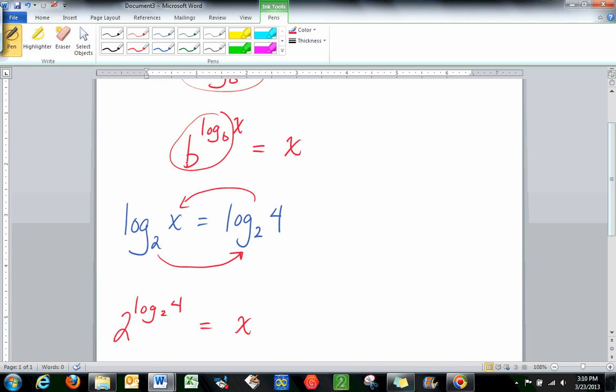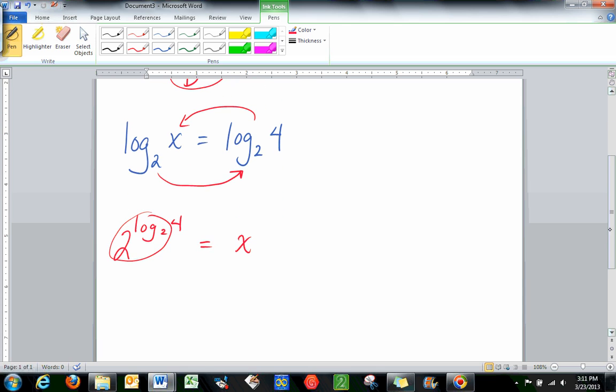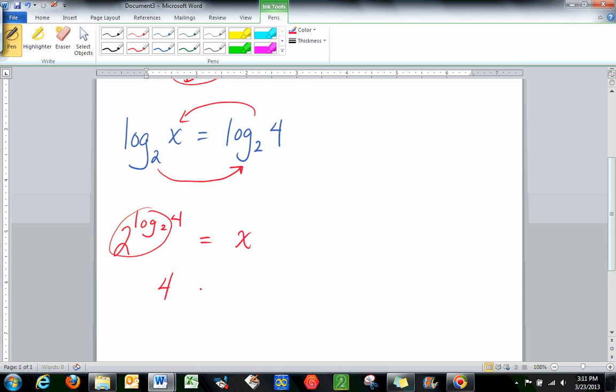If the log base and the exponent base are the same, they more or less just cancel out, leaving us with just the 4, and so we get 4 equals x.